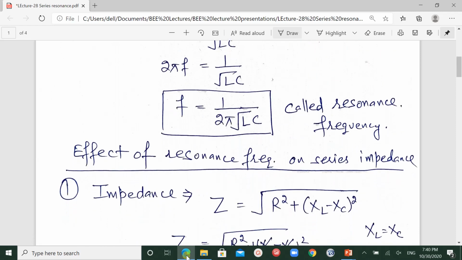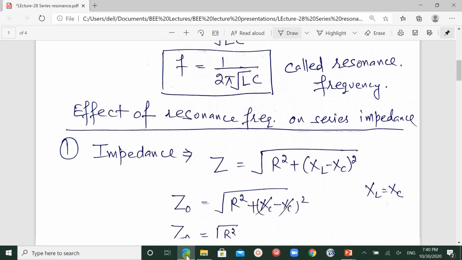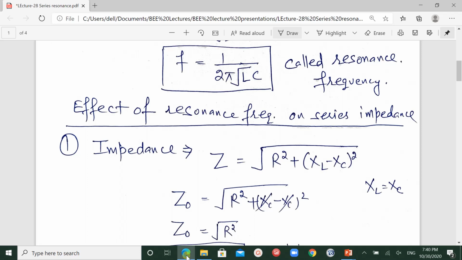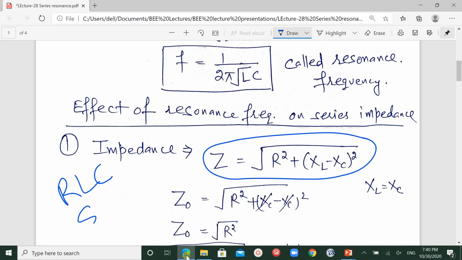Now we find the effect of resonance frequency on series impedance. As we know, impedance Z is equal to the square root of R square plus (XL minus XC) square. We found this in the previous lecture where we discussed the RLC series circuit; please refer to that video. Now XL is equal to XC, as this is the condition of resonance.